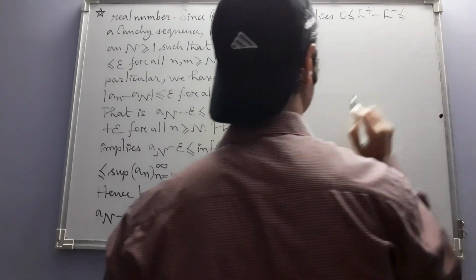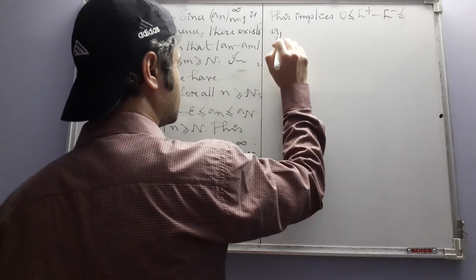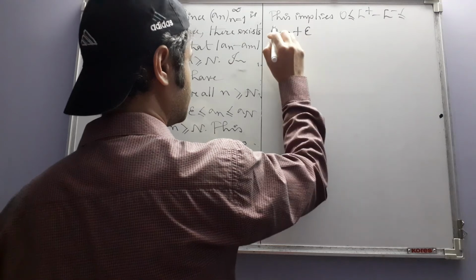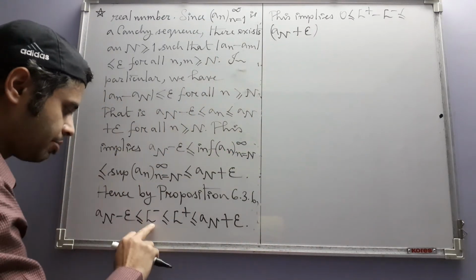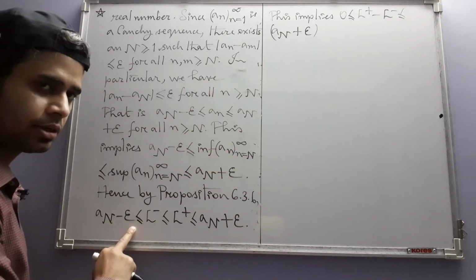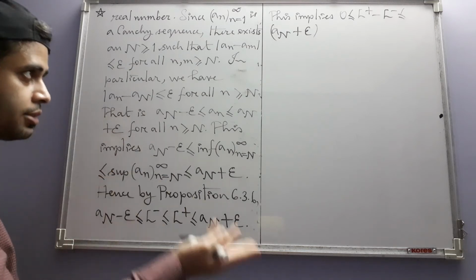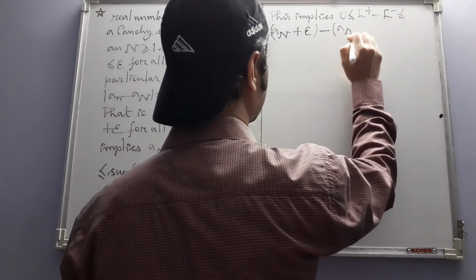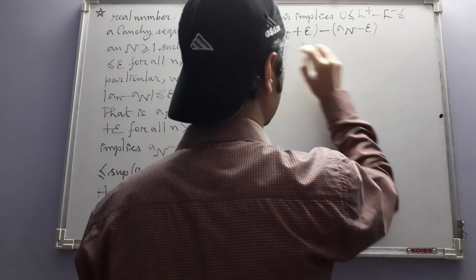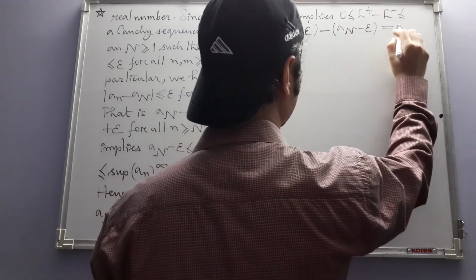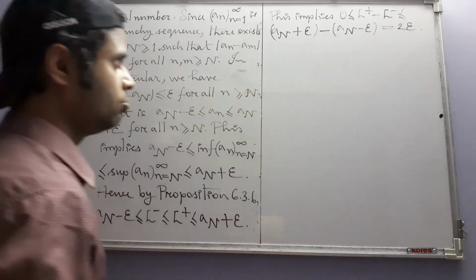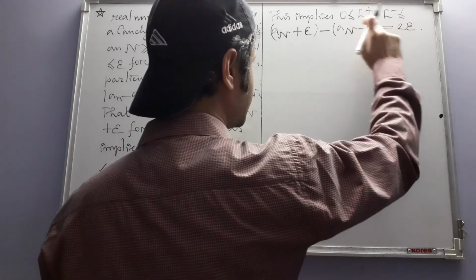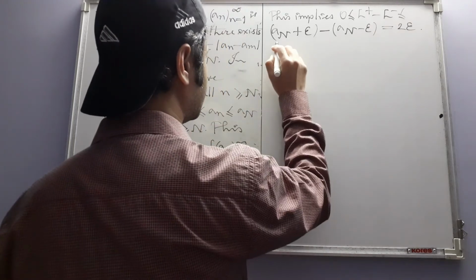Now L plus is less than or equal to a_N plus epsilon, and L minus is greater than or equal to a_N minus epsilon. So minus L minus is less than or equal to minus of a_N minus epsilon, and you see that this becomes 2 epsilon. Okay, so this lies between 0 and 2 epsilon.